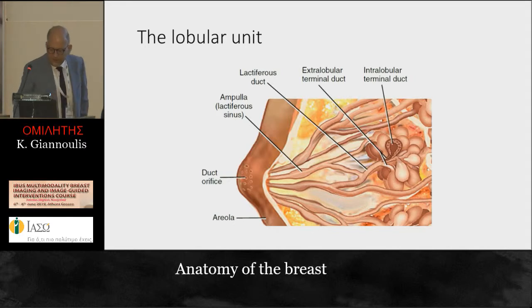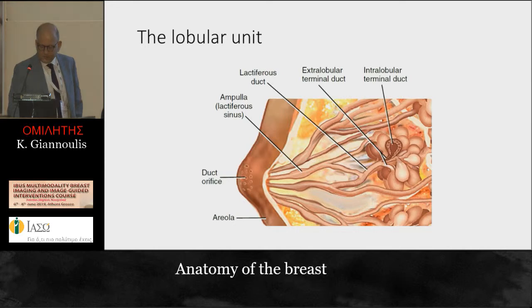The functional unit of the breast is the lobular unit. This consists of small glands lined by cuboidal and myoepithelial cells surrounded by a vascular stroma. Small interlobular terminal ducts lead to extralobular terminal ducts, which in turn lead to larger collecting ducts and then to still larger lactiferous ducts.